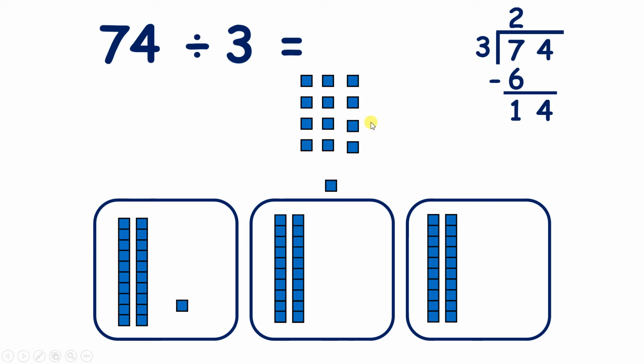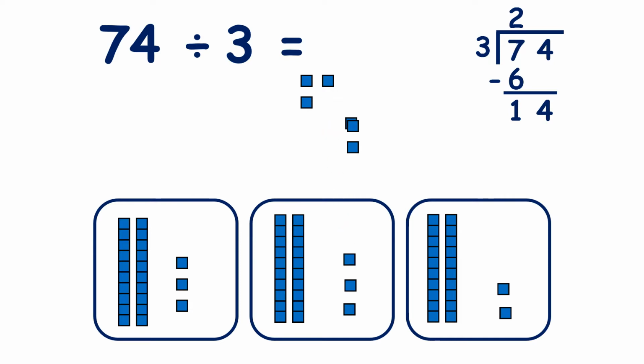So we can share out those units. But we can't share out these last 2 units, otherwise not every group would be equal, and with division we need to share equally. So we shared out 12 of our 14 units, so we can write -12 to show this.